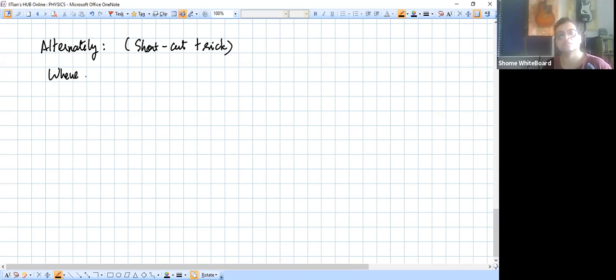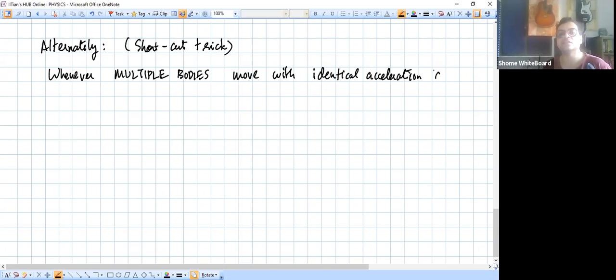Whenever multiple bodies move with identical acceleration, now what I mean by identical acceleration is that their acceleration vectors should be identical. So not only the magnitude of the acceleration, but direction should also be equal. So here you can see that is happening to all these three.